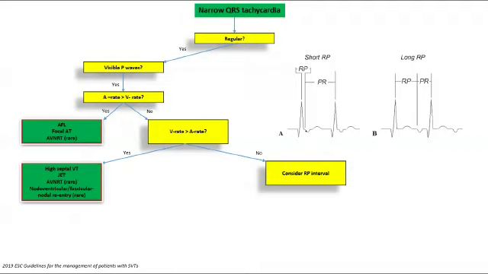If your RP interval is short relative to the PR interval, we call that a short RP tachycardia. But if your RP interval is long relative to your PR interval, that's a long RP tachycardia. And that's going to help you make some differential diagnoses.